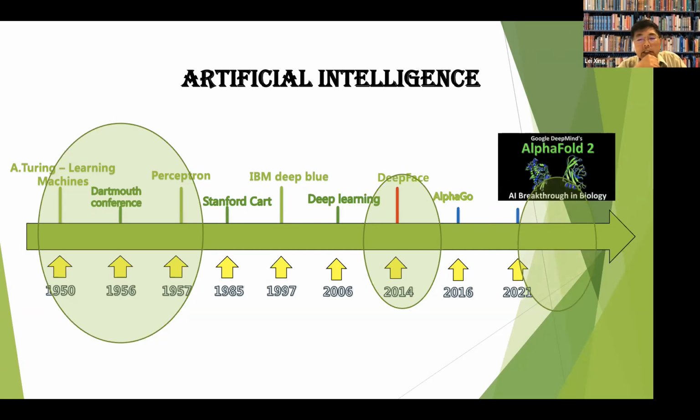This year, what a lot of people call a breakthrough in AI and in biology. Actually, last year, AlphaFold 2 was ranked the number one breakthrough by Science magazine.